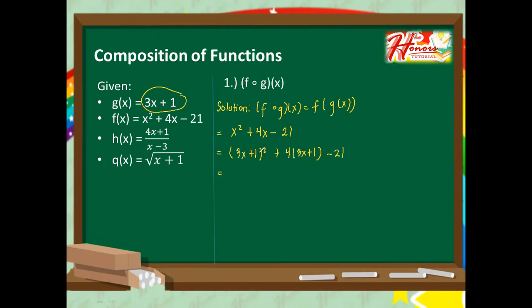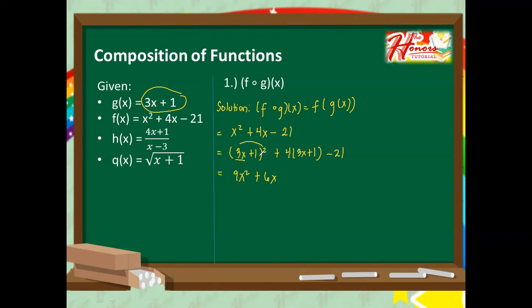Let's use the shortcut here because before we already use our FOIL method. So 3x squared, because we have to distribute the exponent here. So that would be 9x squared because 3 raised to 2 is 9. X raised to 2 is x squared. And then just multiply 3x and 1, and that is 3x times 2. So that is 6x, and that's it.